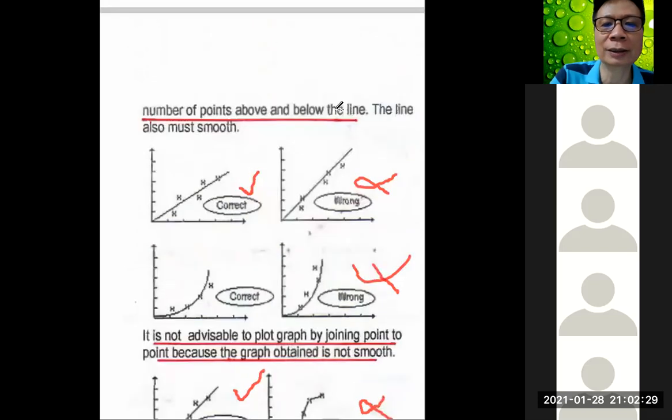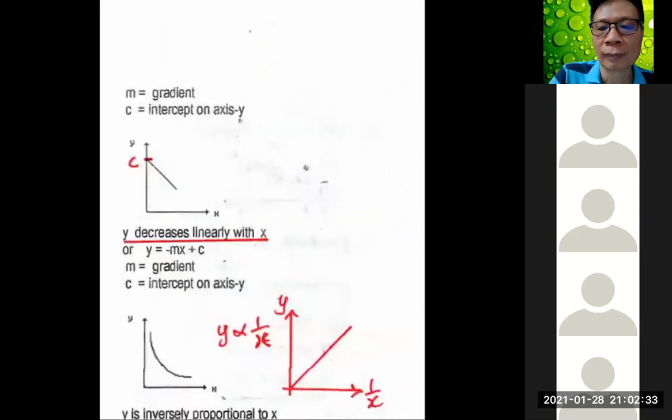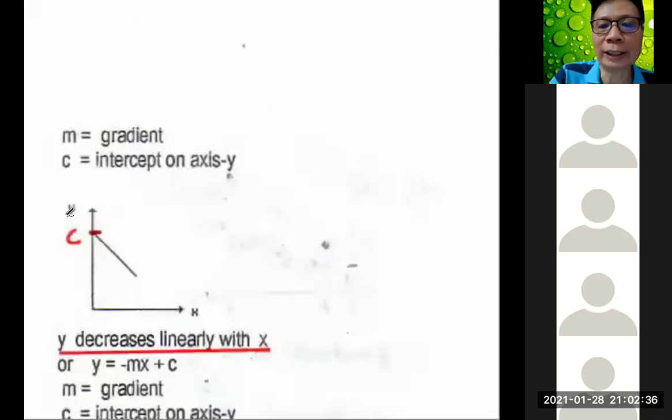Okay, next. Next one is going down. Going down means decreasing. So y decreases linearly. It's a straight line going down. So I told you just now, straight line, so it's linearly. Decreases linearly with x. Always start with the y. Y decreases linearly with x.